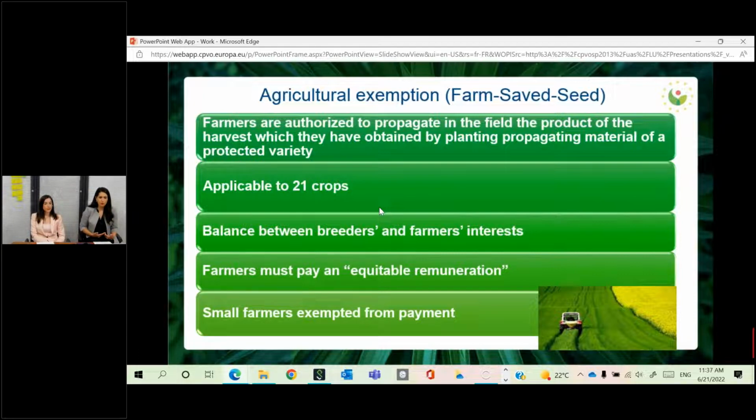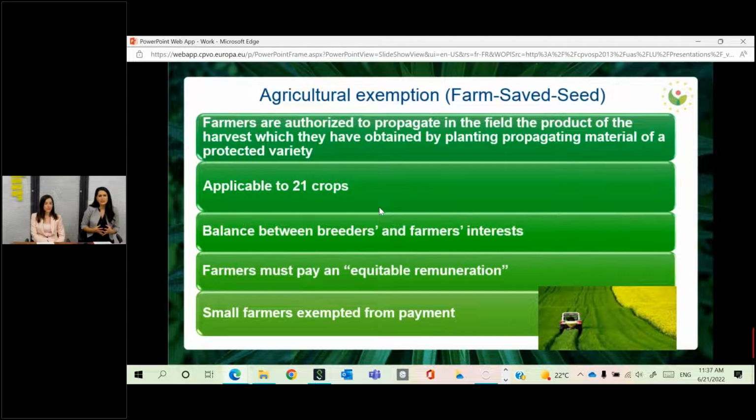So what do we do? We apply Article 14 of the Basic Regulation, which says that for 21 crops, so a limited number of crops that are very important for our agriculture, this is potatoes and fodder, there is the possibility, when acquiring legally a protected variety, to reuse this in the farm, in the holding of the farmer.